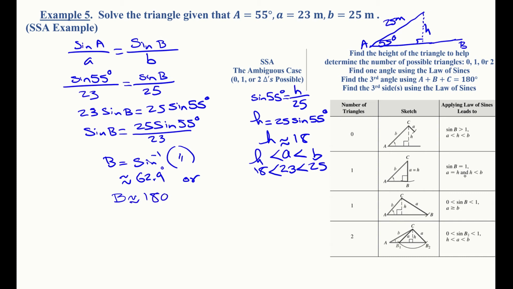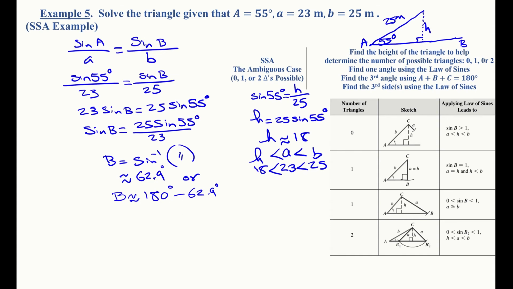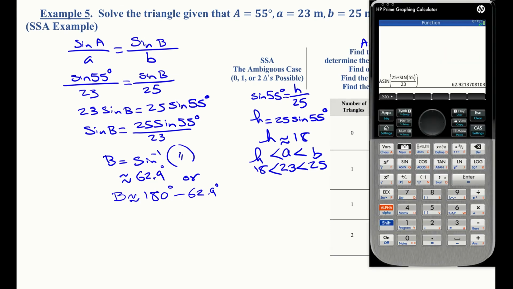Oh, by the way, let's not forget the degrees, because otherwise it'll be interpreted as radians. So we have 180 minus 62.9, which is 117.1 degrees.